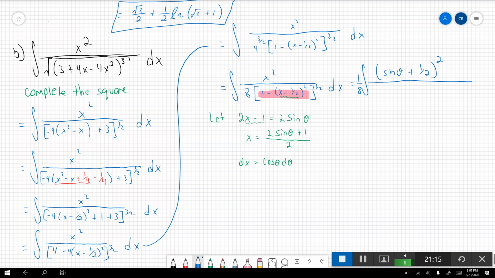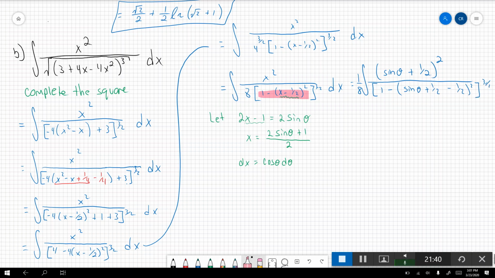So that denominator is now going to be something nice that we want to see. 1 minus that x value is now sine theta plus 1/2 minus 1/2 squared raised to the power of 3/2.